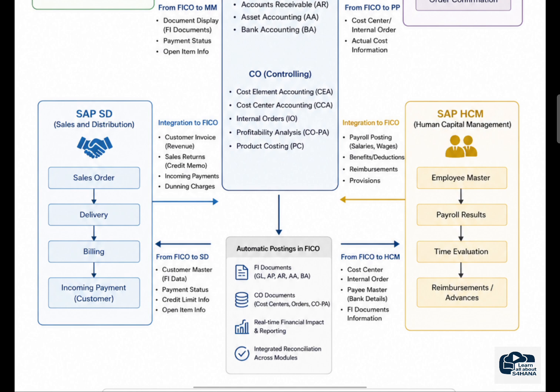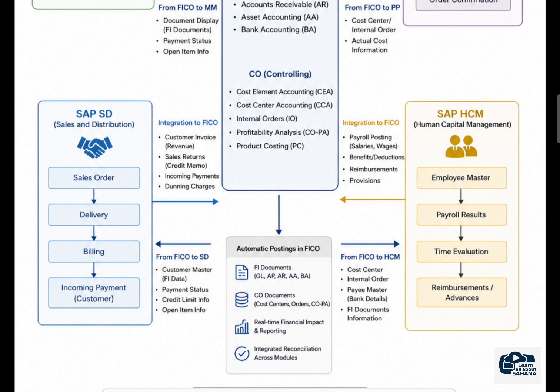So how do we create payroll results? In payroll processing, the payroll team executes the monthly payroll. The salary components are calculated with basic pay, allowance, deduction, provident fund, and tax. They are all calculated, and they produce the payroll results.